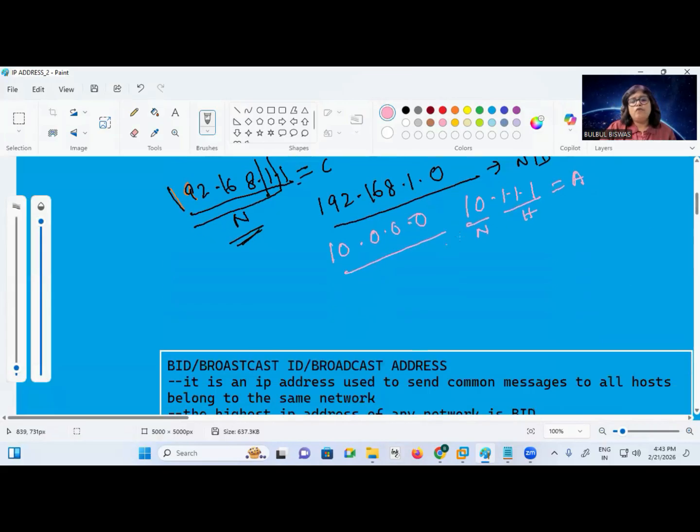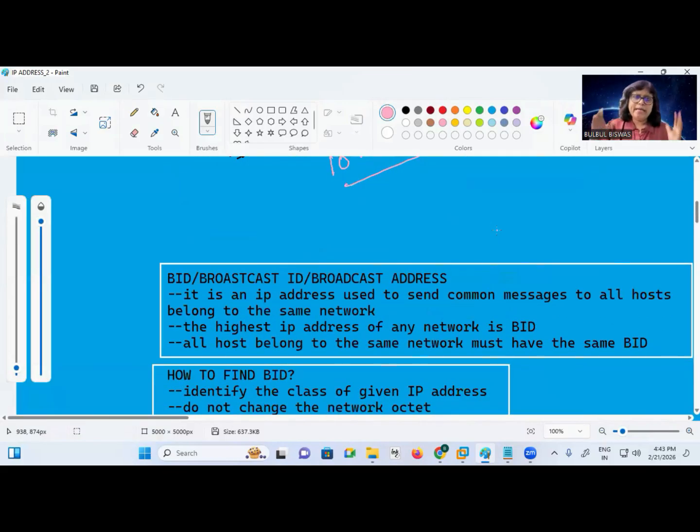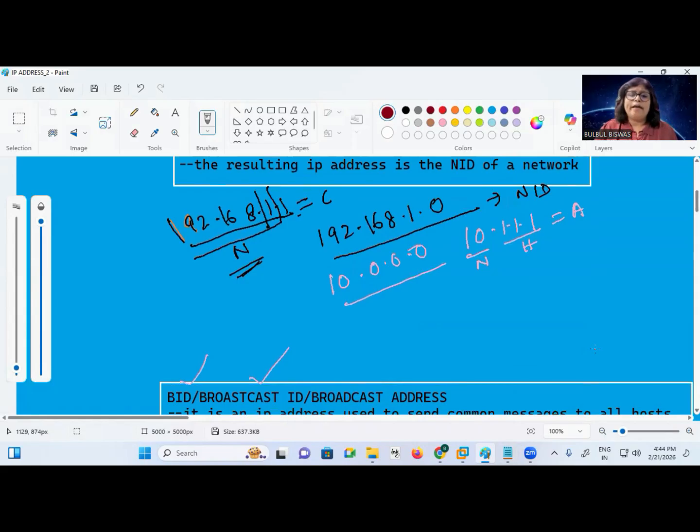Now, next I'm going for the broadcast. What is broadcast? In a network, some situations come when a single host sends a common message to every host. At that moment, we need a common IP address, and that IP address is called the broadcast ID or directed broadcast address. Fine. So now see what happens. It is the same as how you find NID.